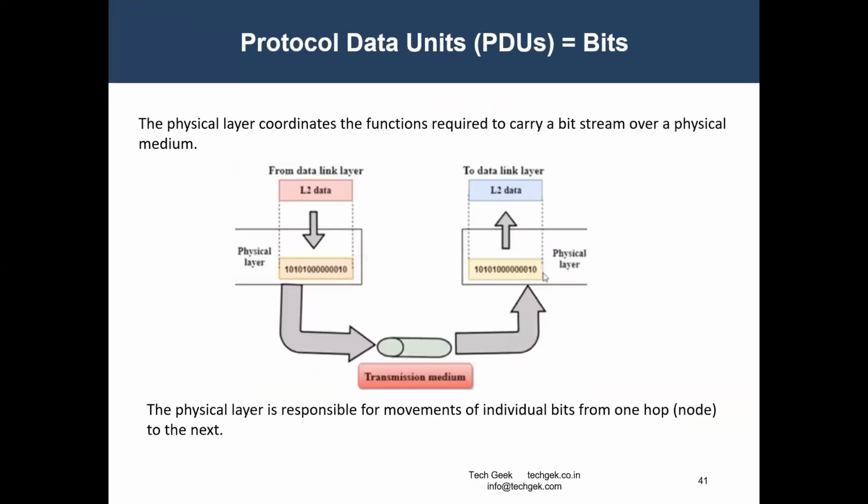The physical layer coordinates the functions required to carry the bit stream over the physical medium. As a sender, the data comes from the data link layer to the physical layer, and at the recipient, it goes from the physical layer to the data link layer. This layer is responsible for the movement of individual bits from one hop to the next hop. This is how the transmission happens.